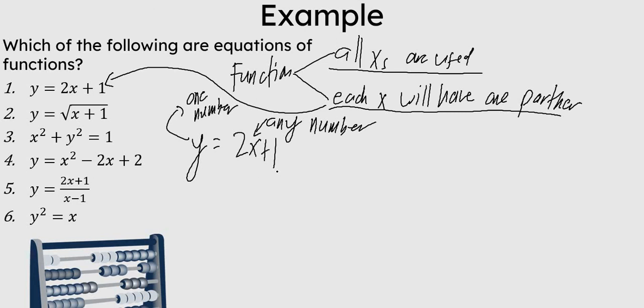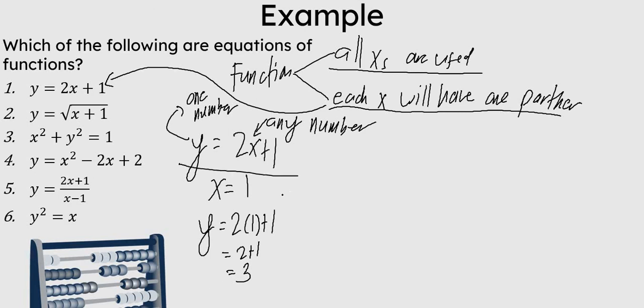For example, if x equals 1, y will be equal to 2 times 1 plus 1, that will be 2 plus 1, and that is 3. That means for this relation, the partner of 1 is 3 and 3 only. 1 will not have any other partner.